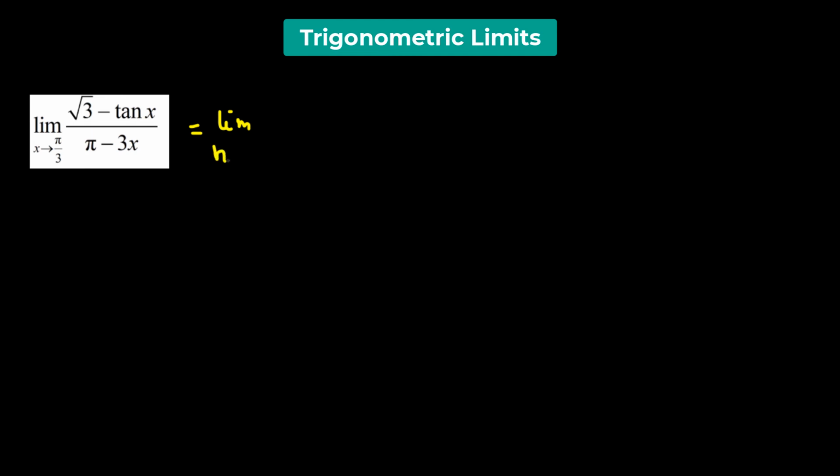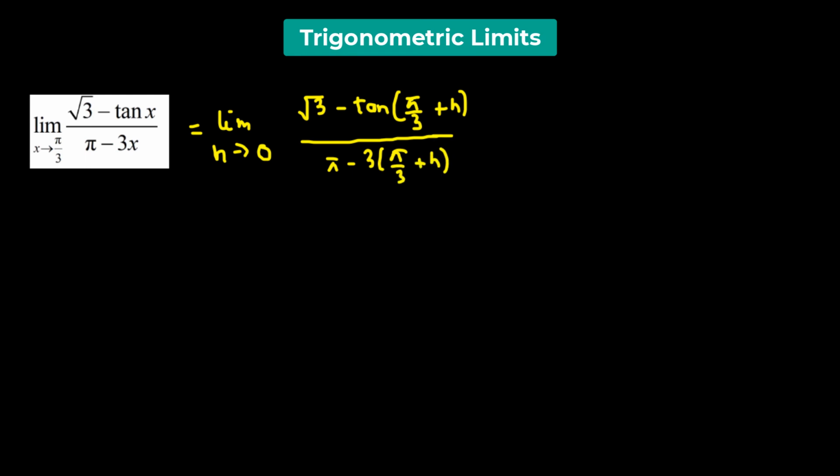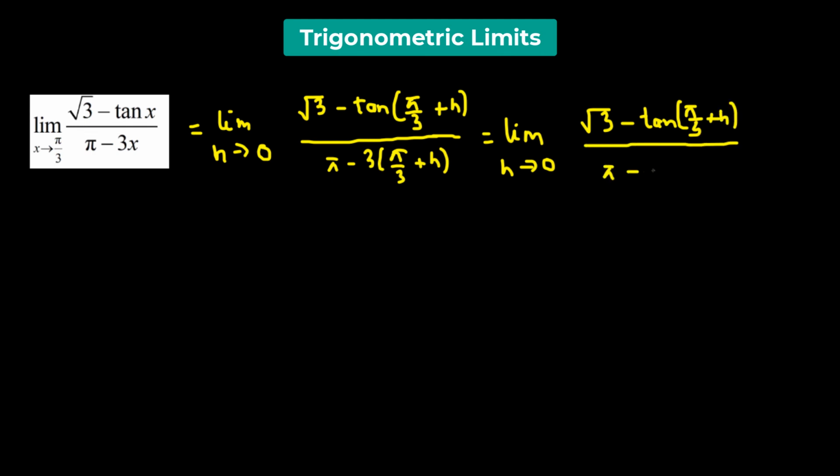We have limit h tending to 0 of square root of 3 minus tangent of pi over 3 plus h, divided by pi minus 3 times pi over 3 plus h, which will be equal to limit h tends to 0 of square root of 3 minus tangent of pi over 3 plus h, whole divided by pi minus 3 of h.